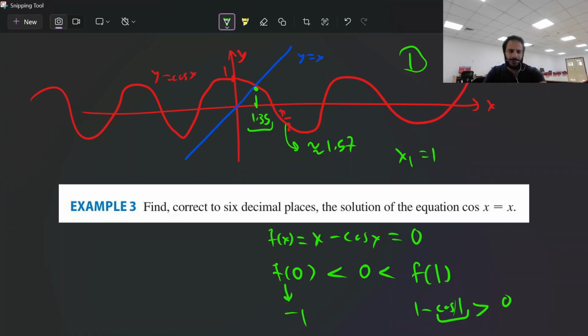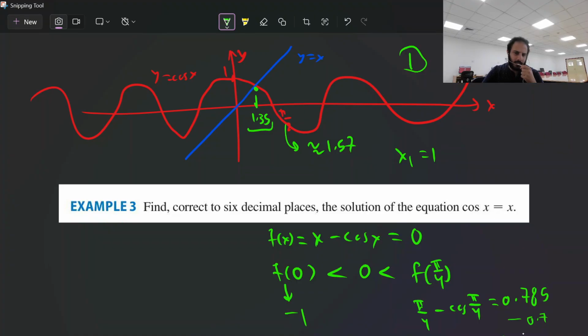Good? If you don't want to choose 1, as you like, you can choose pi over 4. Pi over 4 is perfect for this. What's the value at pi over 4? Pi over 4 minus cosine pi over 4. You get nearly 0.785 for pi over 4, minus cosine pi over 4, which is 1 over square root of 2, nearly 0.7.